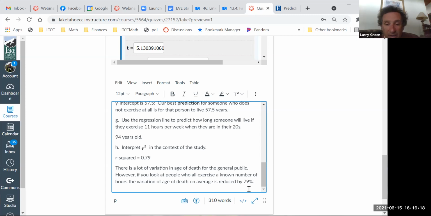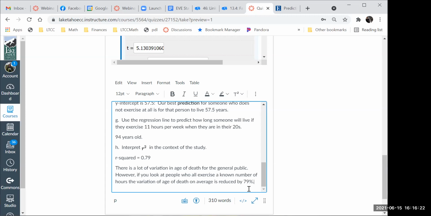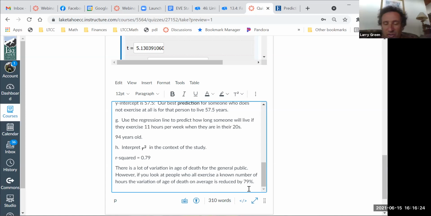It's a very good predictor, right? 79% of the variation is due to how much people exercise. Whereas only 21% is due to other factors, which could be genetics or how they eat or lifestyle or who knows. And again, I'm making up these numbers, so don't quote me on this.